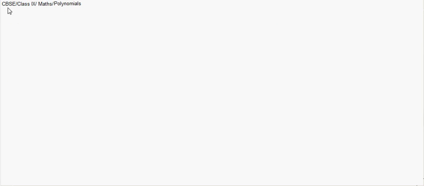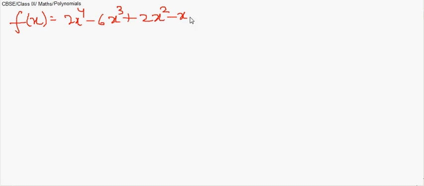We have to find the remainder when the given polynomial f(x) is divided by the linear polynomial x plus 2. So the remainder theorem says to take x equals minus 2.